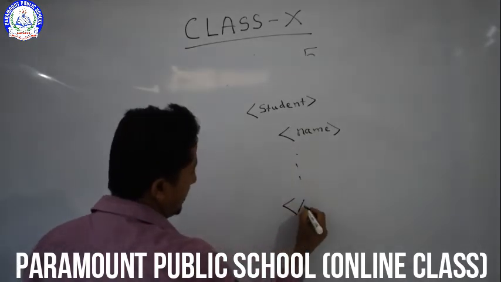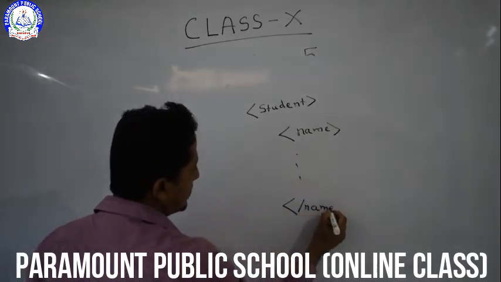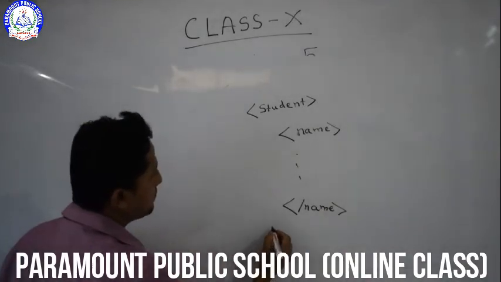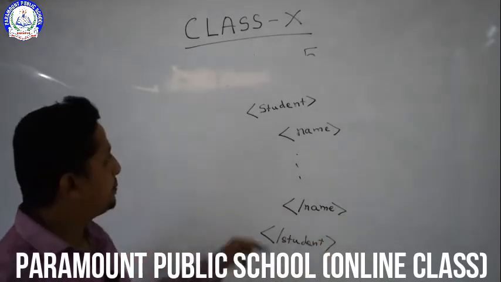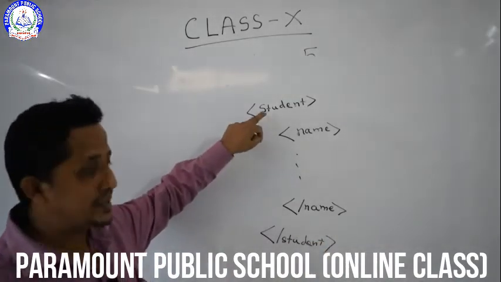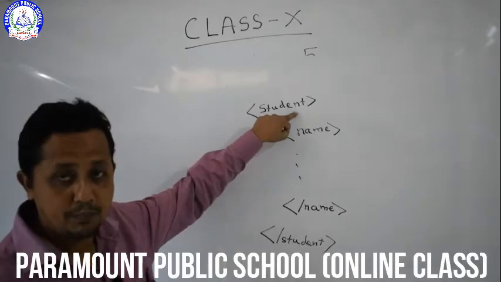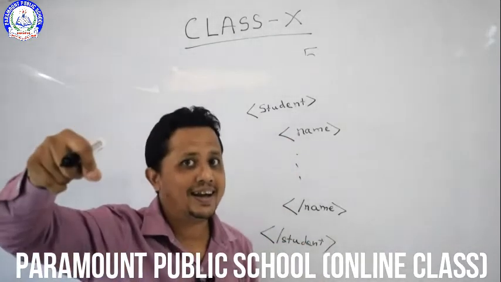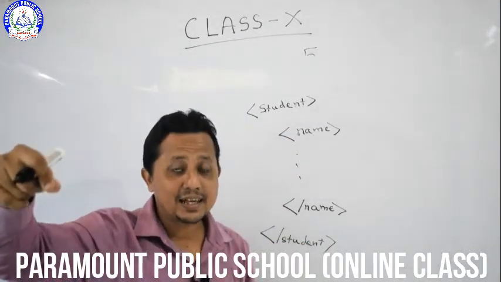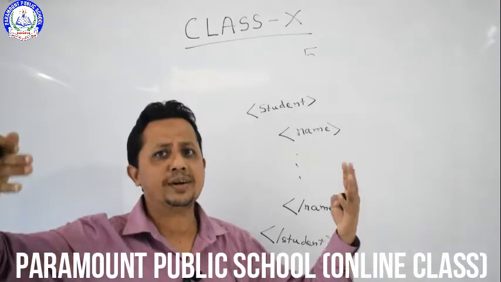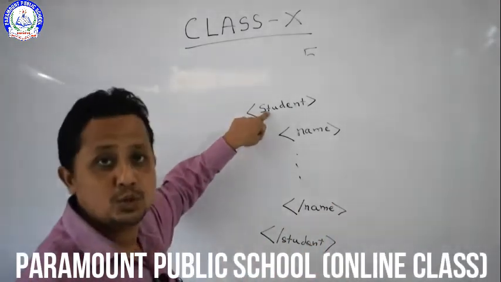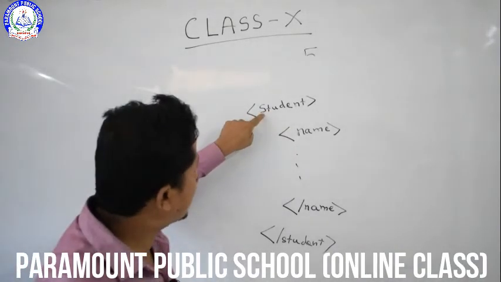Now see here, because as I have told you earlier, in XML the tags are user defined. We can define our own tag. So I have defined one tag, student. Now here S is capital.